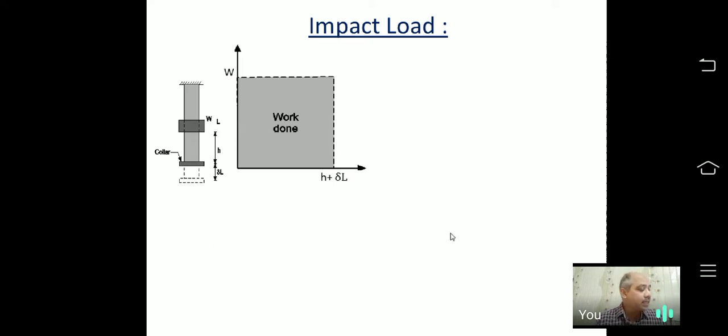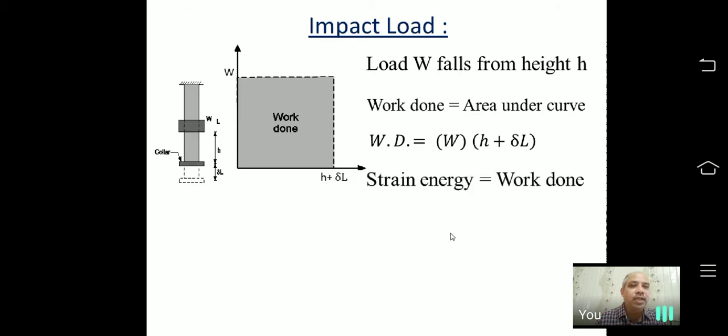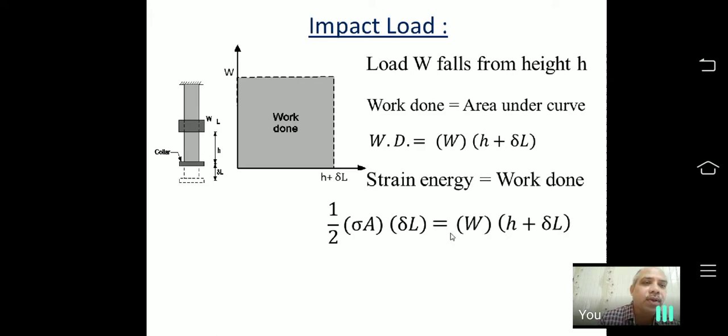And now we follow the same steps. Load W falls from height H, then work done is equal to the area under the curve, and that will be W into H plus delta L. Now we are going to equate again strain energy with respect to work done. Strain energy again is the same 1/2 sigma A into delta L, but now work done is W(H plus delta L). Now we are going to solve this. To solve this, we are going to substitute delta L in terms of sigma.